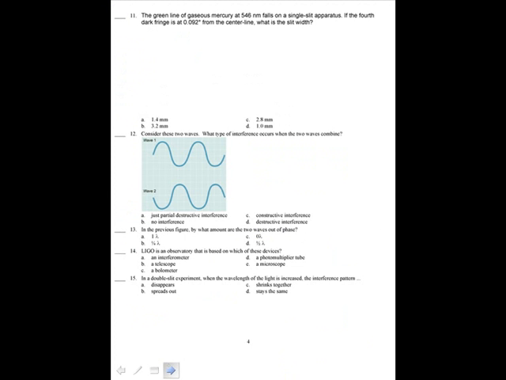The green line of gaseous mercury at 546, so lambda is 546 times 10 to the minus 9 meters, falls on a single slit, the fourth dark fringe. And remember, with a single slit, the order number for the dark fringe is 4. Theta is 0.092 degrees. What is the slit width? It's a pretty simple problem. I just say a sine theta equals m lambda. I'm solving for a.